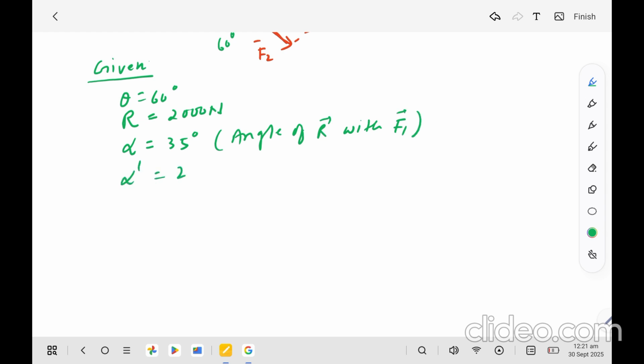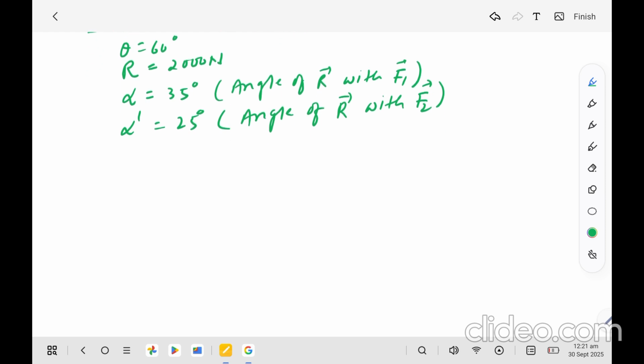Alpha prime is 25 degree is given. This is angle of R with F2. Okay, and then we need to estimate F1 and F2.